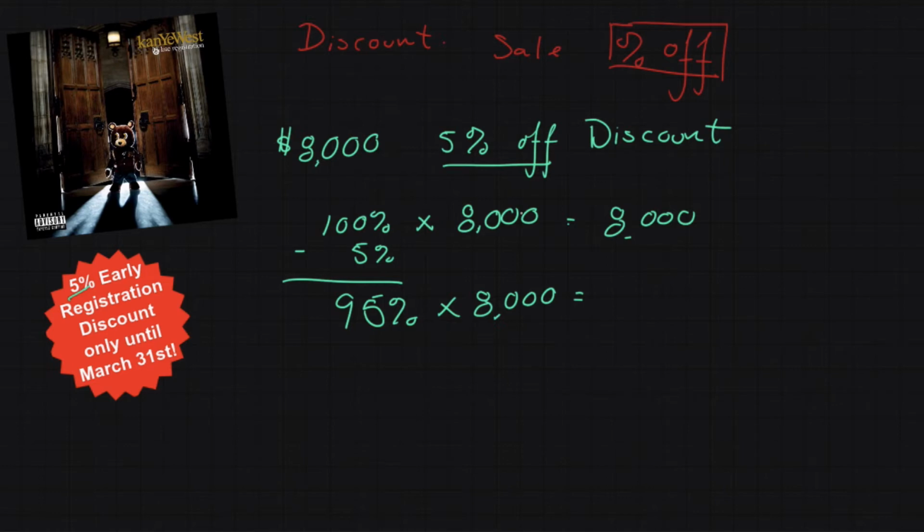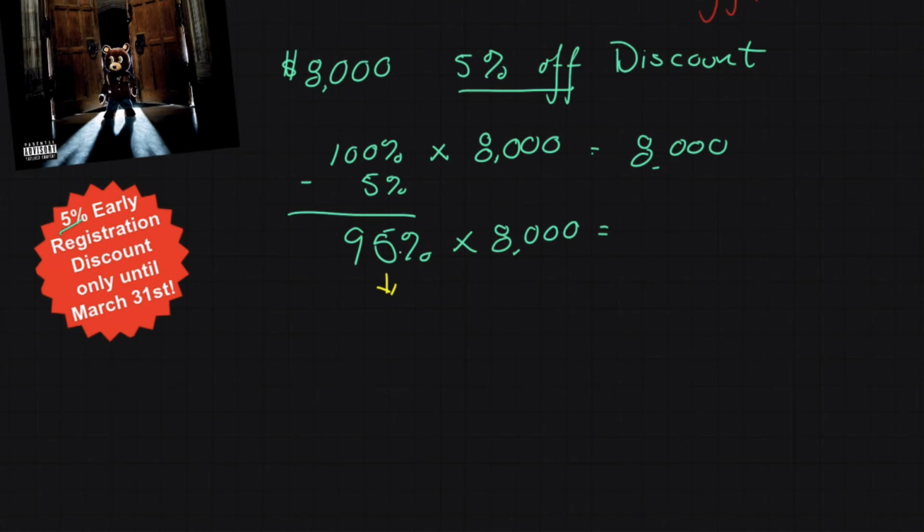The first thing we need to do is change the percent into a number. So let's move it up here a little bit. We'll call that 0.95. Of means multiply, and we'll keep the $8,000. We might need to do a little calculating here.